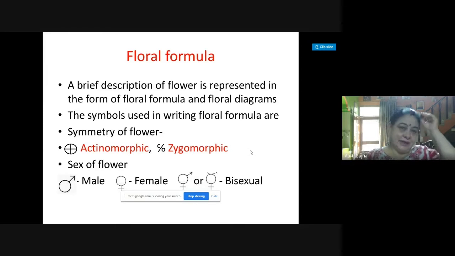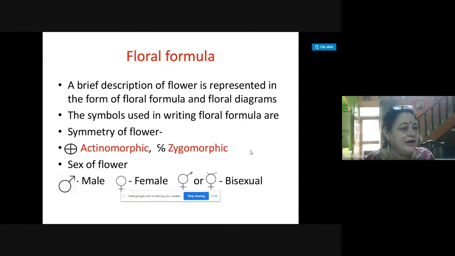If we want to divide the flower into two equal parts, we can do so from many different planes passing through the center, radial planes. That kind of symmetry is called actinomorphic.